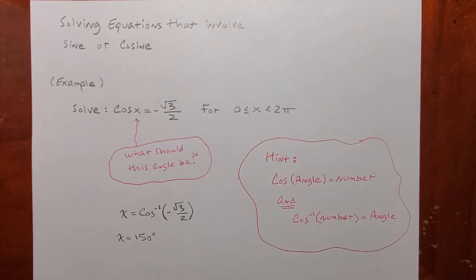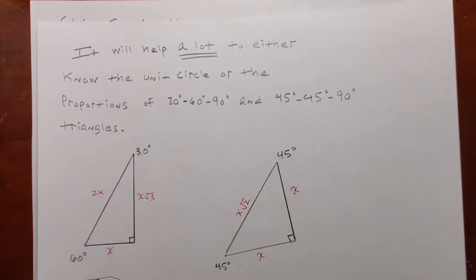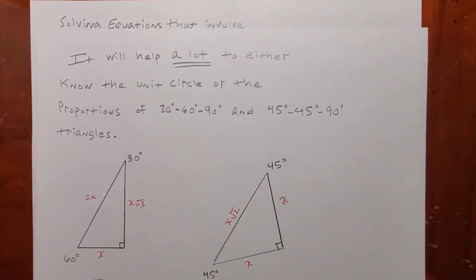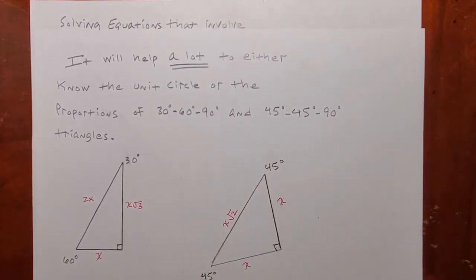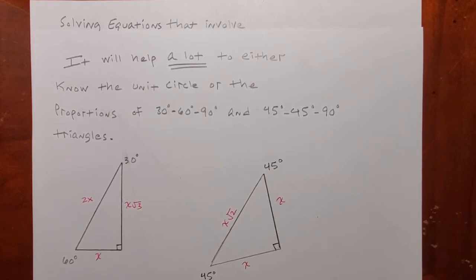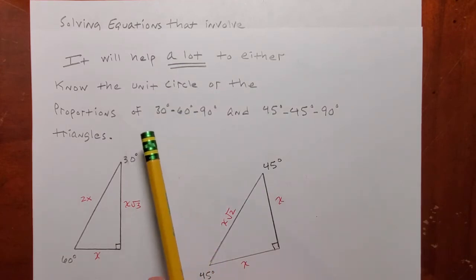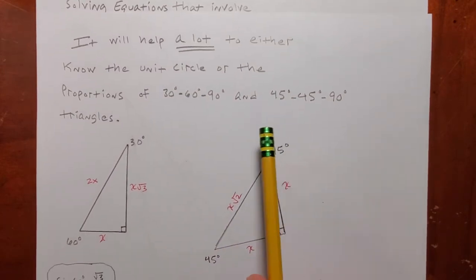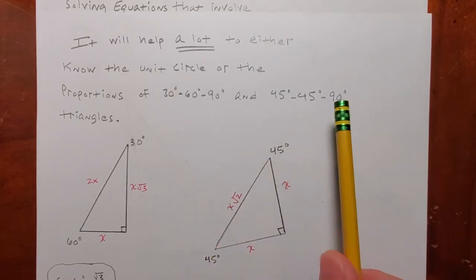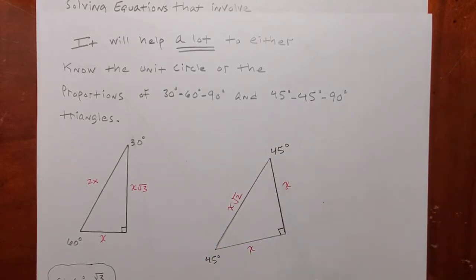Okay. So to go from here, it would help a lot to either just know the unit circle or have access to the unit circle and at least understand what you're looking at when you see it. Or my preference is to just know the proportions of a 30, 60, 90 and a 45, 45, 90 triangle.